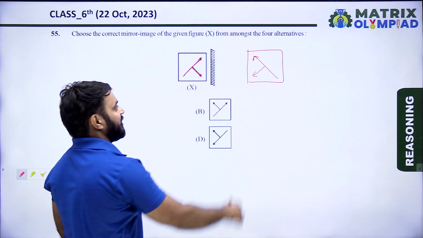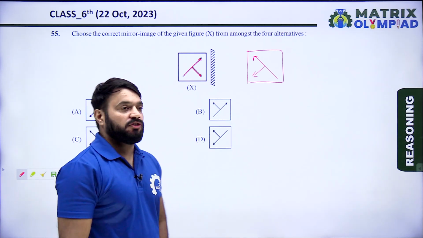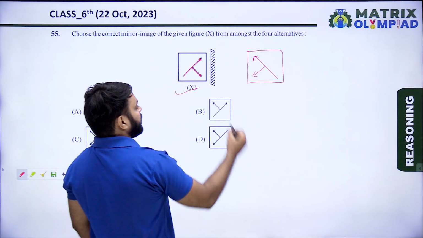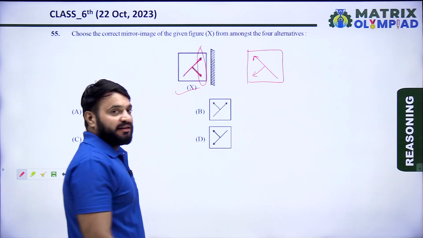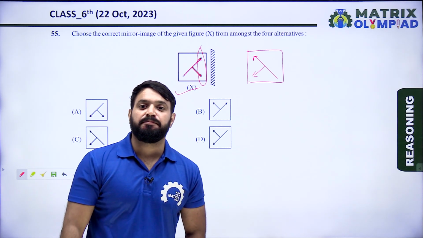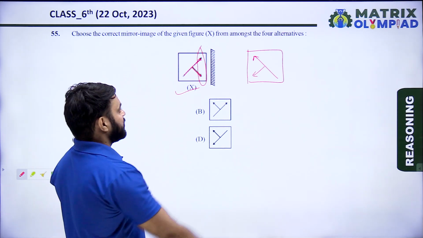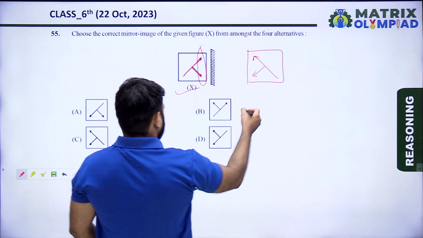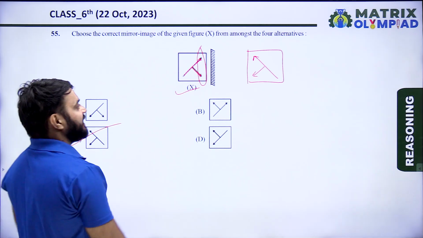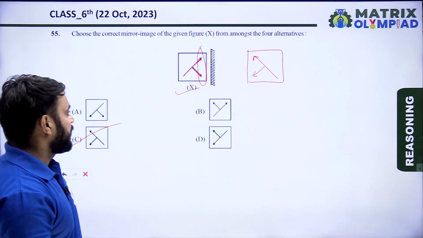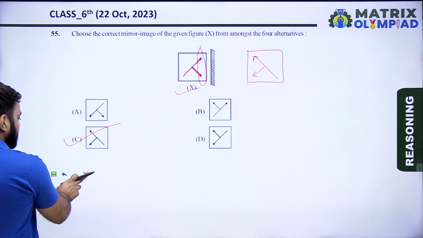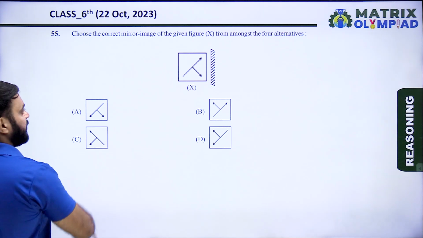So, this is the correct mirror image of the given figure. Because the object is near the mirror, it remains near the mirror in the mirror image. So, it means option C is the correct mirror image of this figure. So, correct answer is option C. So, let's move on to the next question.